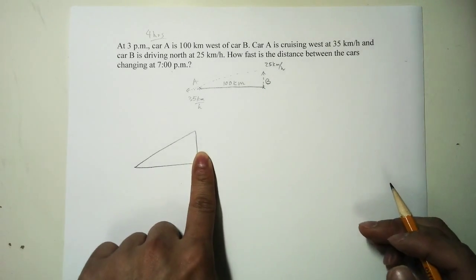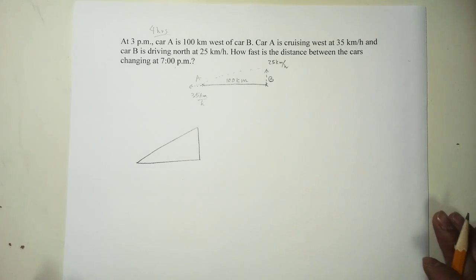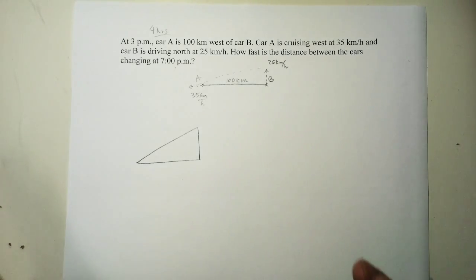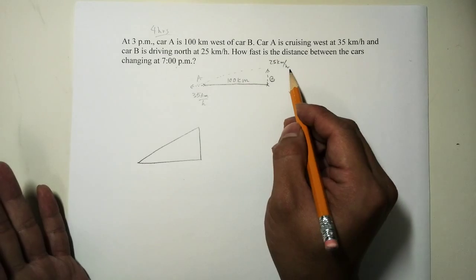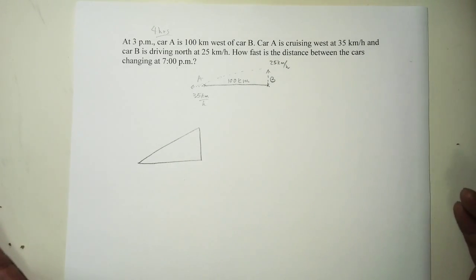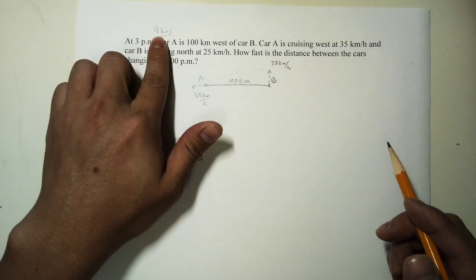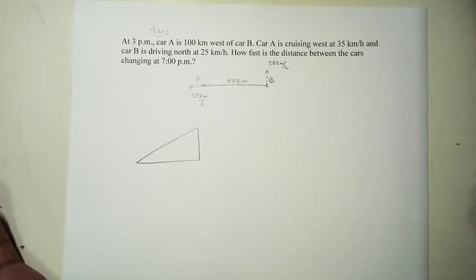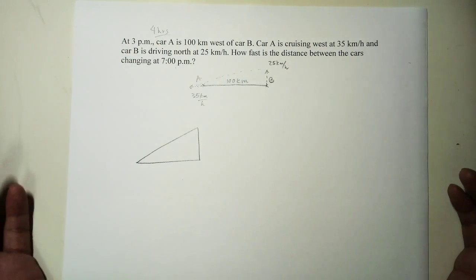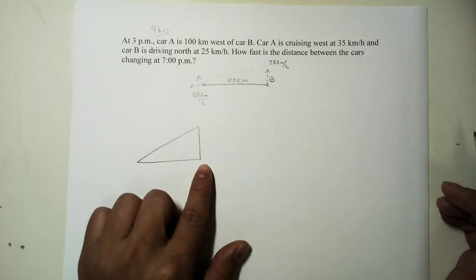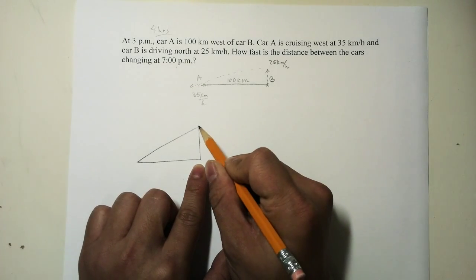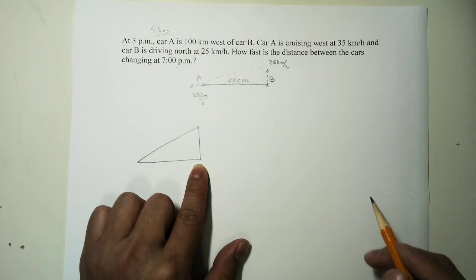And that's going to be incorrect, because this is distance and 25 kilometers per hour is speed. So you have to use the speed and the time to find out how many kilometers there are from the original point to the end point after 4 hours.